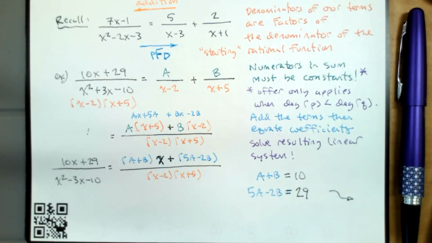If these two fractions are going to be equal, then the coefficients of the numerators must be the same. So the A plus B on the right side must be the 10 on the left. 5A minus 2B must equal 29. So we have this resulting system of equations.